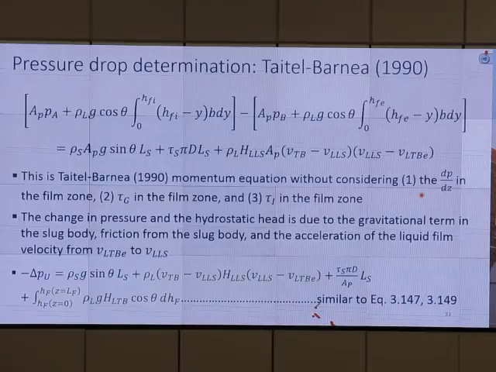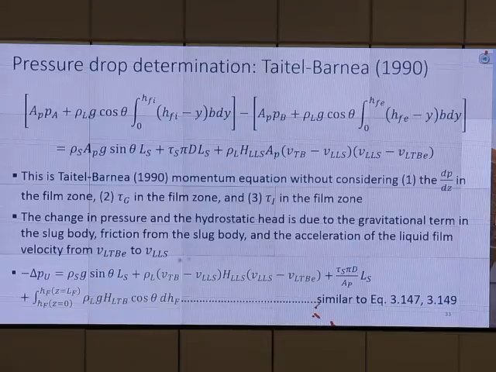If we use the Taitel-Barnea momentum equation without considering dPdZ in the film zone, tau G, which is the gas frictional pressure loss in the film zone, and the interfacial friction loss in the film zone, then we get that top equation. That top equation is the same as the equation that we just derived, which is this one.